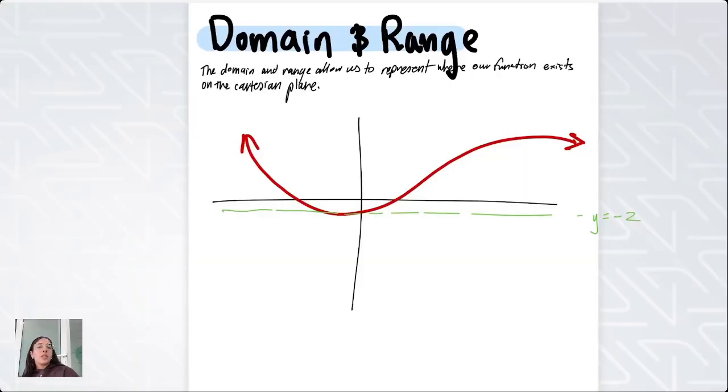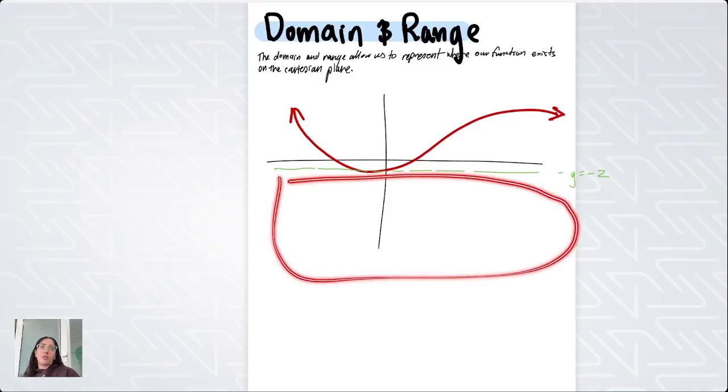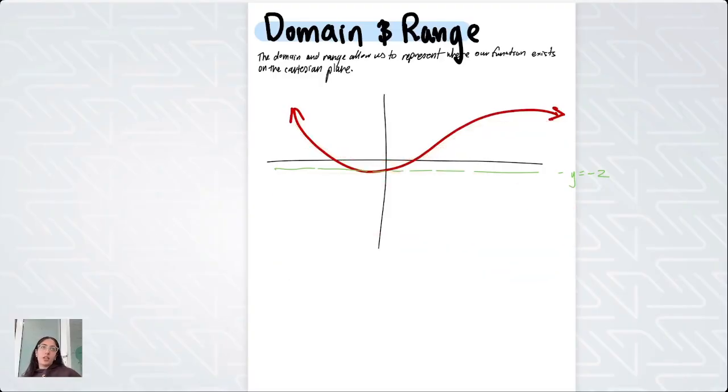Pretend this goes a bit more straight, so we know that it just continues on straight forever. Can I safely say that this function does not exist below y equals -2? I can't. There is no function from this red graph. It doesn't exist below that point. It's just not there.